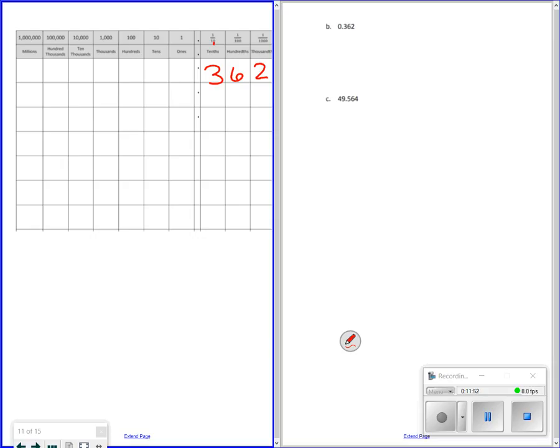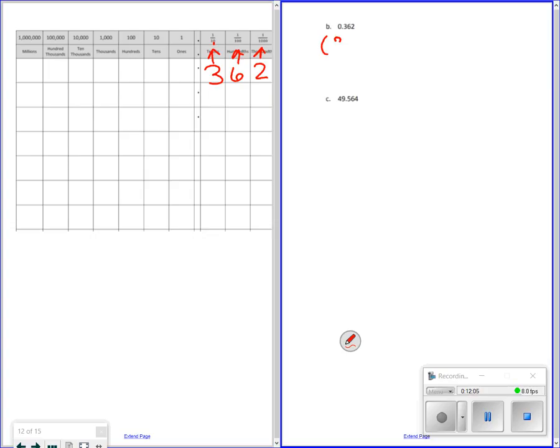Okay, so this, where you can do the fraction or the decimal form in your multiplication for expanded form. So it would be 3 times 1/10 plus 6 times 1/100 plus 2 times 1/1,000.